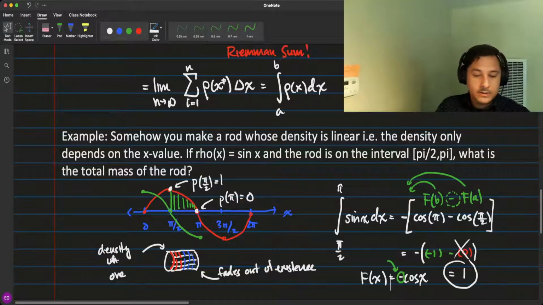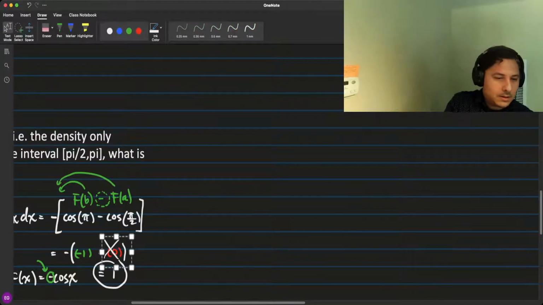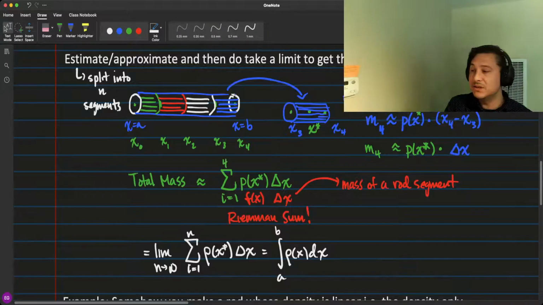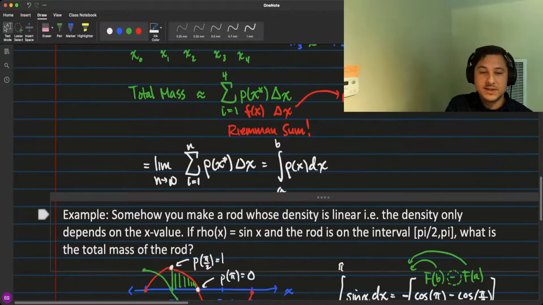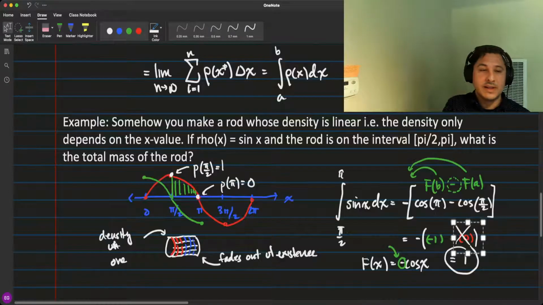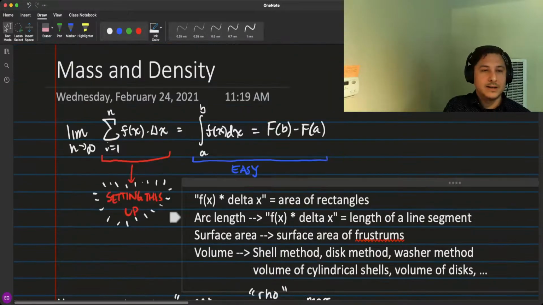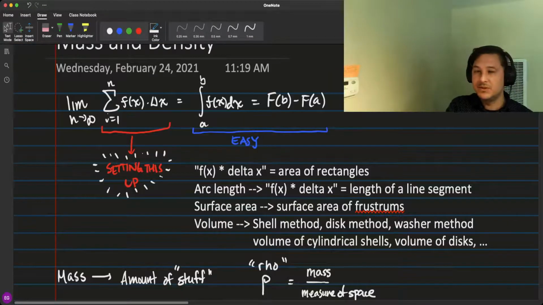Okay, so we came up with our idea. Notice the hard part was figuring out that this was justified, right? Once we knew that we could do this, it was rather easy to simplify it. And that's something I talked about at the beginning. You remember up here, I basically said the easy part is once you set up the integral and just use the fundamental theorem of calculus.